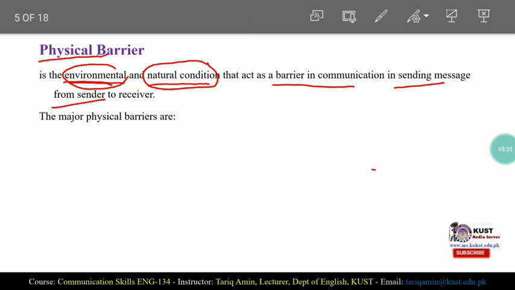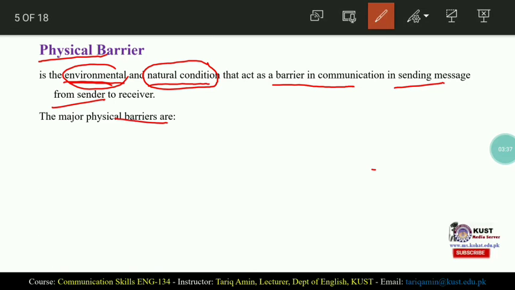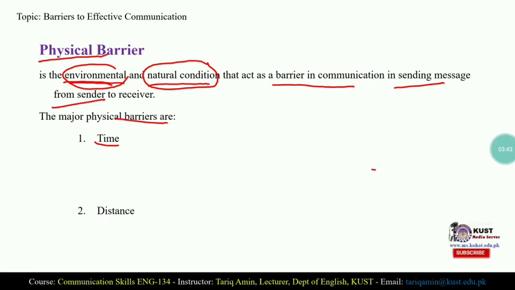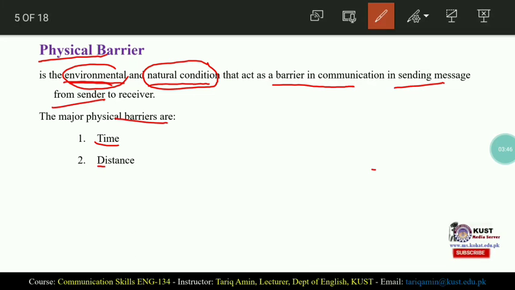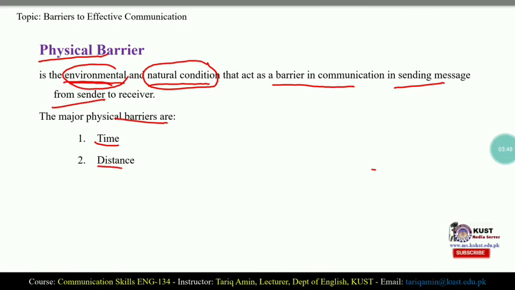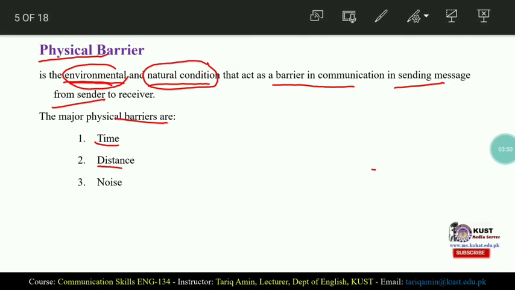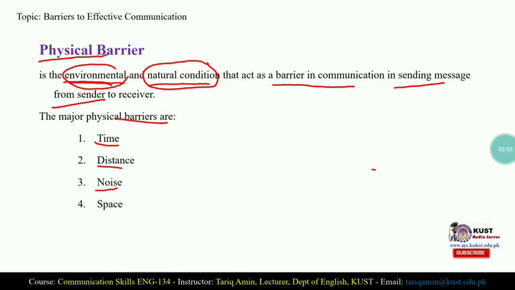The major physical barriers are, the very first one, time. Time is the major physical barrier. Distance is also one of the major physical barriers. And noise. Noise is also another physical barrier. And the last one is space. Space is also a physical barrier.